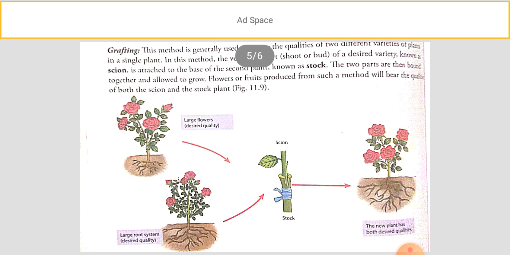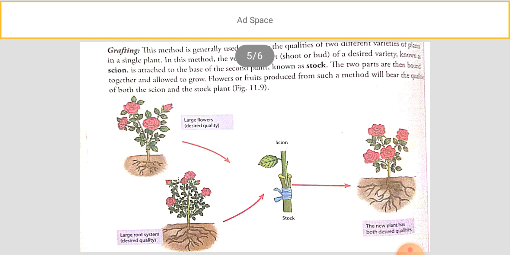These two parts are then bonded together and allowed to grow. Finally, the fruits or flowers produced from such a method will bear the qualities of both the scion and the stalk plants.